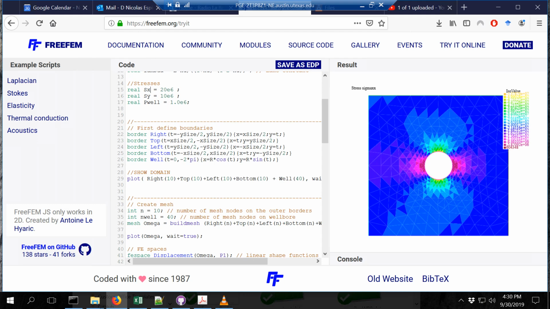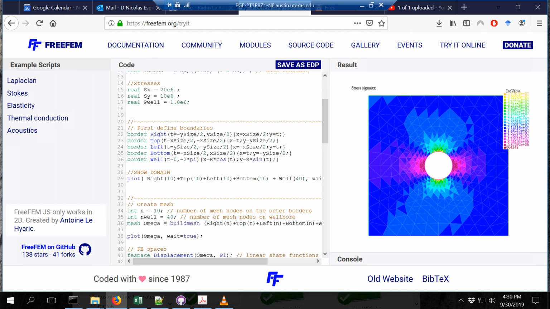And this is what you see over here. This starts with the right boundary, so it starts with this one. Then it goes to the top, to the left, to the bottom, and that's the end of that loop. And for the well is the other one, and you see it's an equation of a circle.